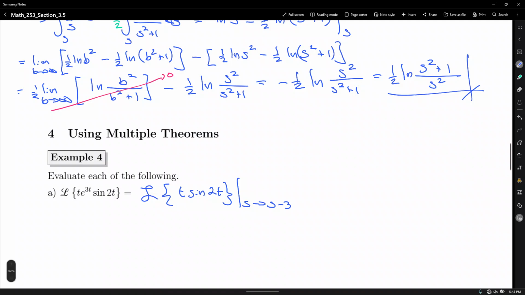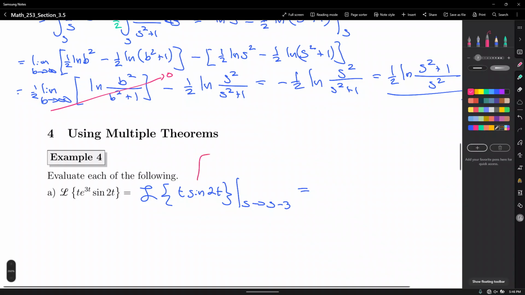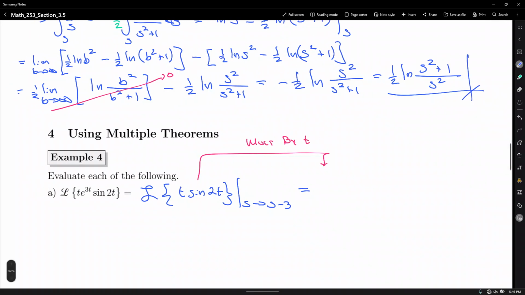The derivative one, right? The multiplication by t, okay? What does that ask us to do? To find negative 1 to the n times the nth derivative.